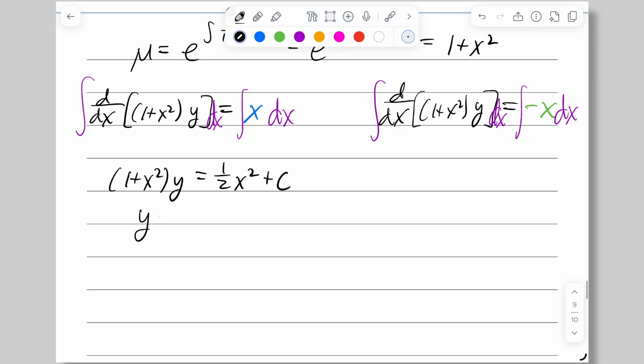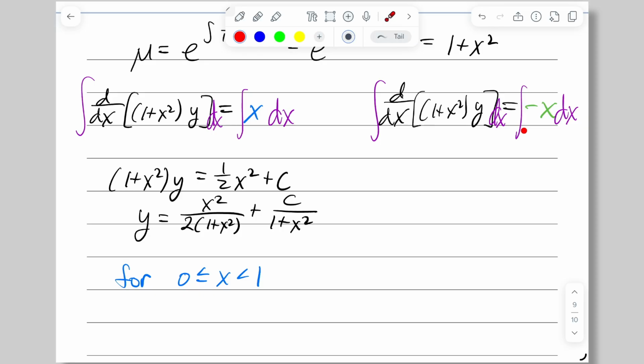And so y is equal to, I'll say, x squared over 2 times the quantity of 1 plus x squared, plus c over 1 plus x squared. Now remember, this was the case where we had x between 0 and 1, inclusive at 0.